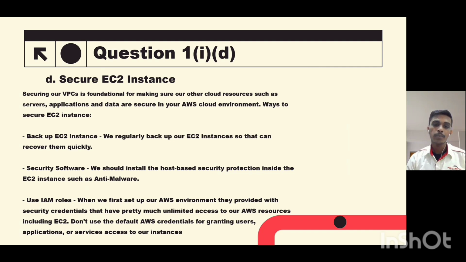When we first set up our AWS environment, they provide the security credentials that have pretty much unlimited access to our AWS resources, including EC2. Don't use the default AWS credential for granting users, applications, or service access to our instances.